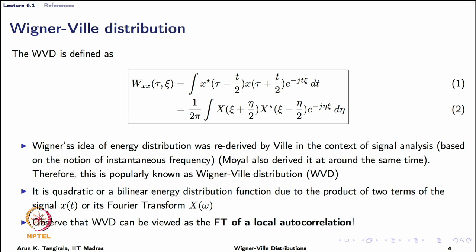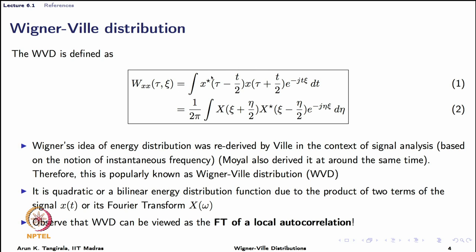So, there is a product of two terms, x of tau plus t by 2 times x star of tau minus t by 2, and I use a subscript xx to indicate that you are evaluating this auto joint energy density for the signal. You could therefore conceive of a cross joint energy density as well.